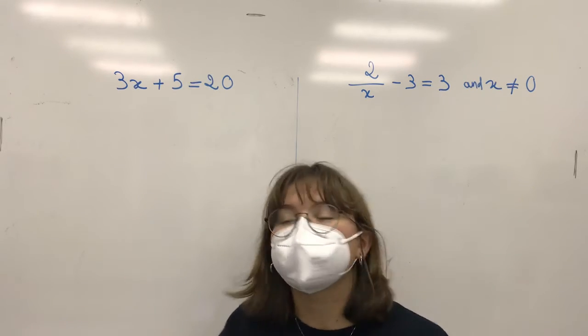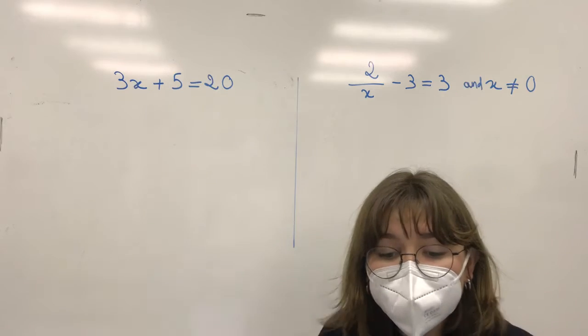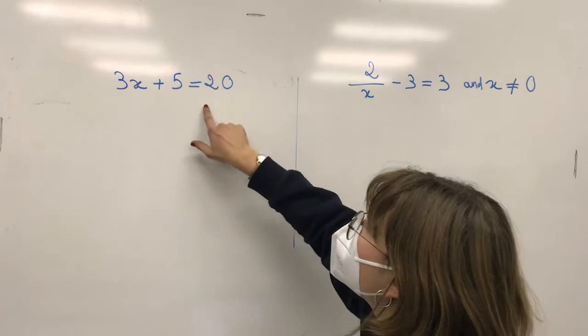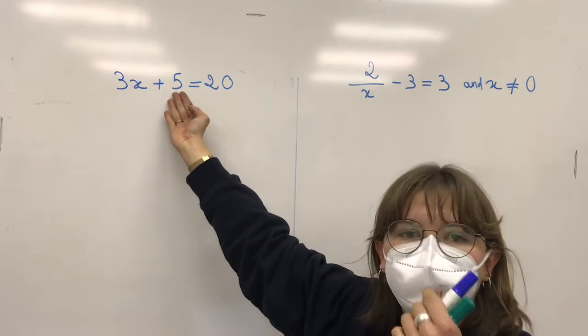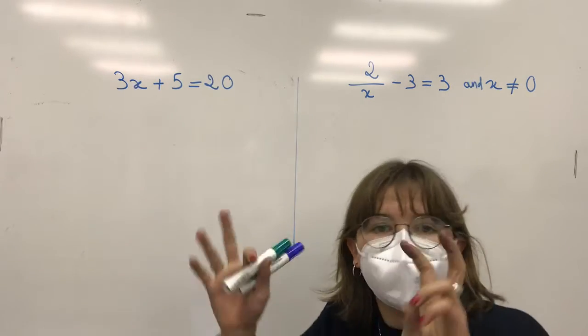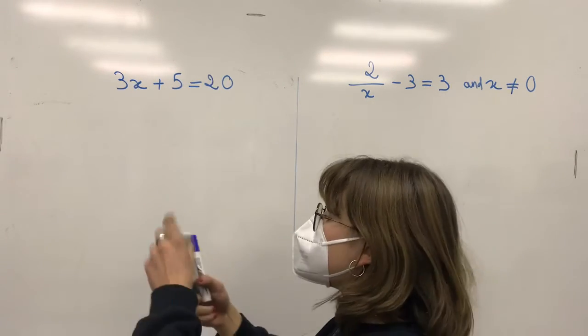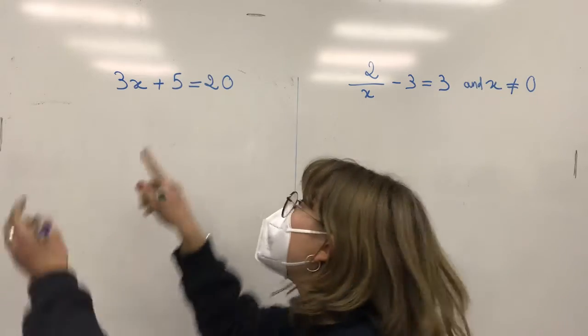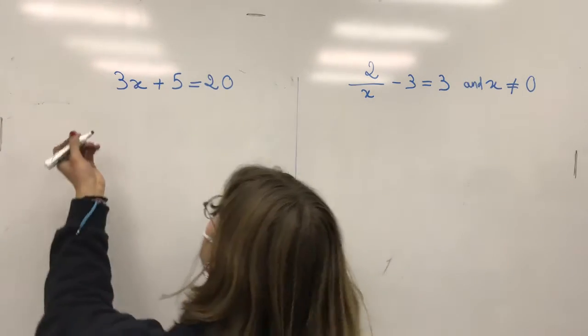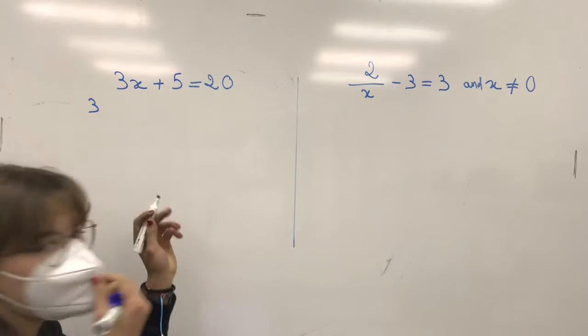Let me explain through this example. First, look out for the numbers that are alone. Here, for example, 5 is without any variable, so it's not directly connected to the variable. So first we're going to subtract 5 on each side, so that we isolate 3x.